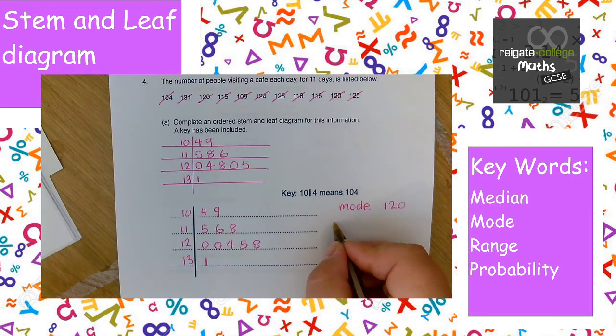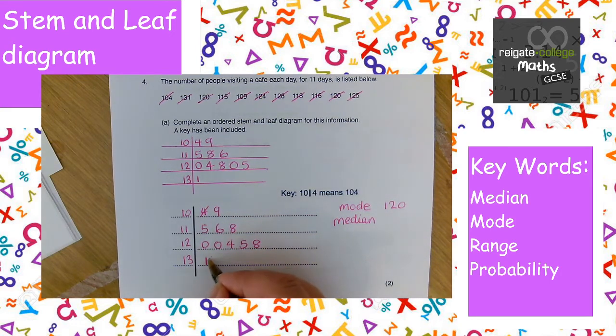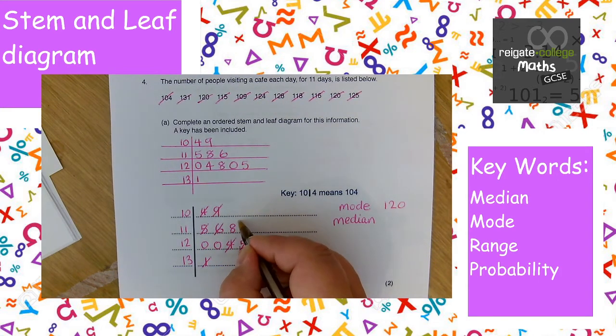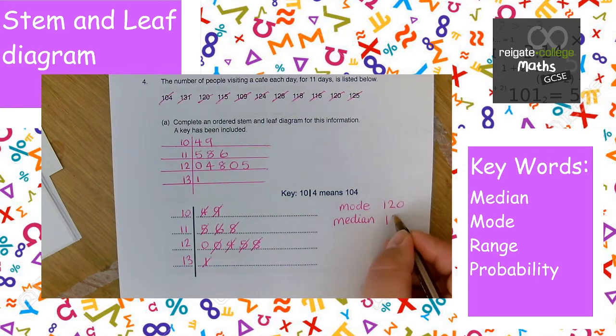The median, my value in the middle, there's going to be one value this time because I have 11 pieces of data. And my median is 120.